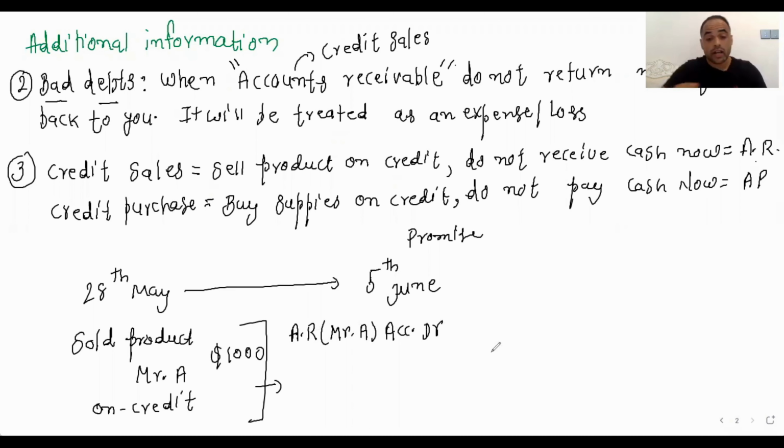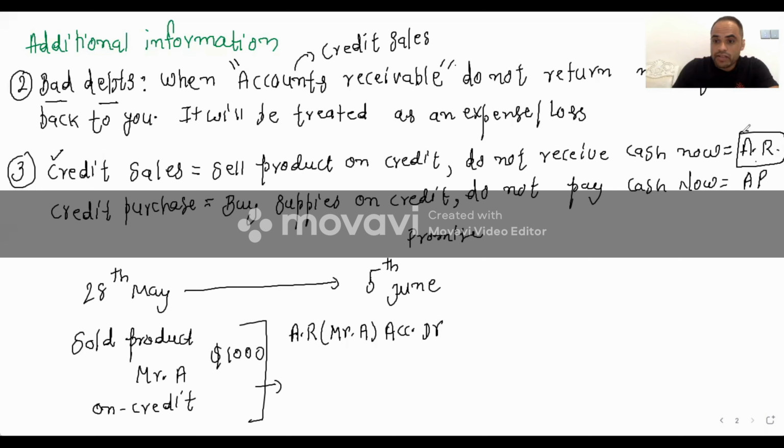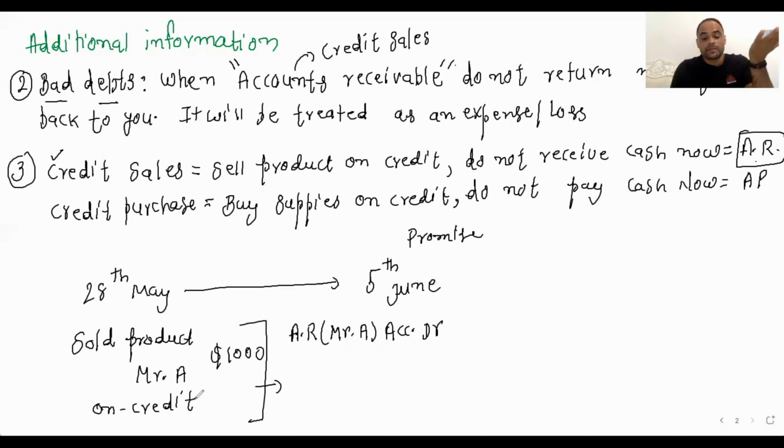Why account receivable account debit? Because this is your asset. When you sell product to the customer on credit, the customer becomes an account receivable. You're selling product to Mr. A on credit, so Mr. A becomes your account receivable, and account receivable increases. If you sell more on credit, account receivable increases more, meaning more people need to give you money.